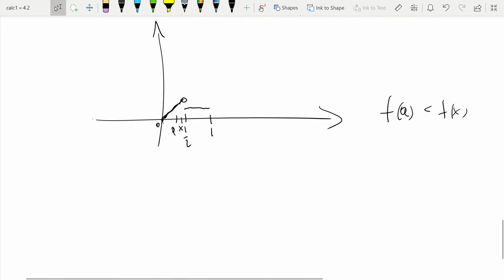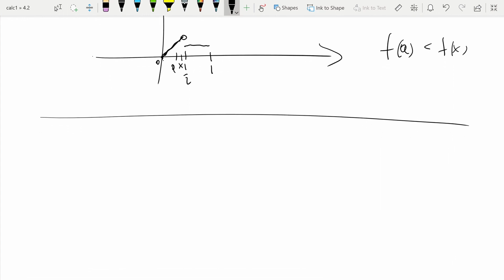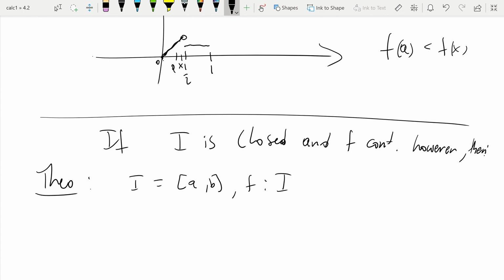The good news is that basically if you avoid these problems, then you'll have a maximum and minimum. So if I is closed, and the function f is continuous, then there is a theorem which guarantees that the function will attain its extreme values.